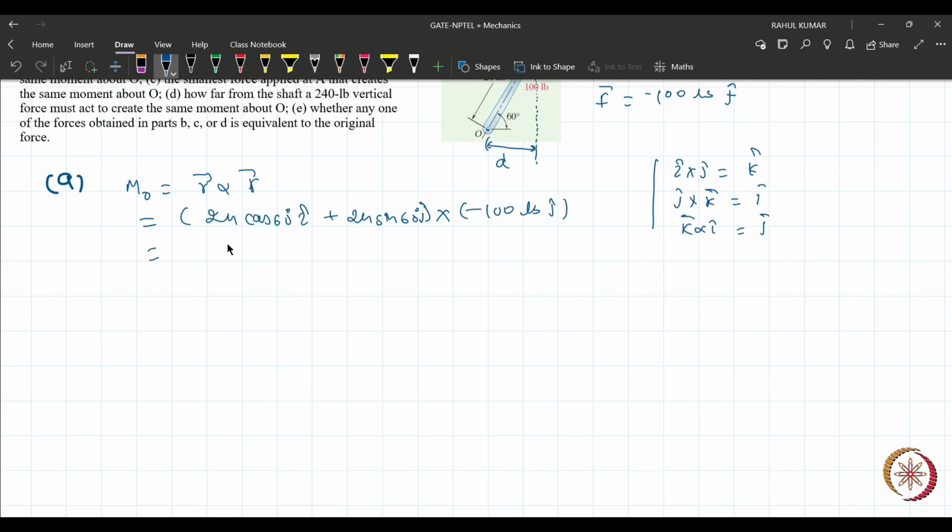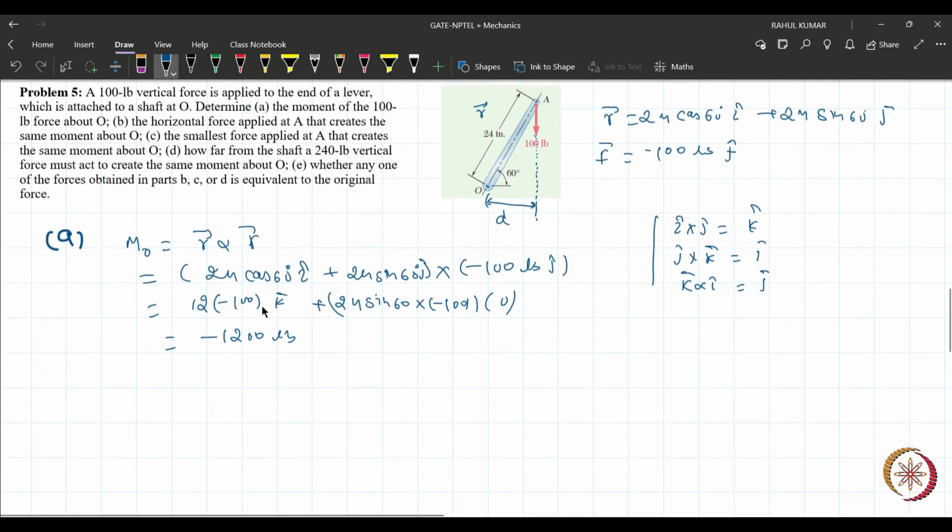So 24 cos 60 will be 12, into minus 100, into i cross j, that will be k, plus 24 sin 60 into minus 100 into j cross j, that will be 0. So the answer will be minus 1200 lb. Am I doing anything wrong here?